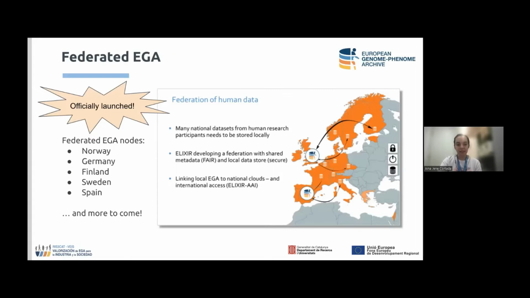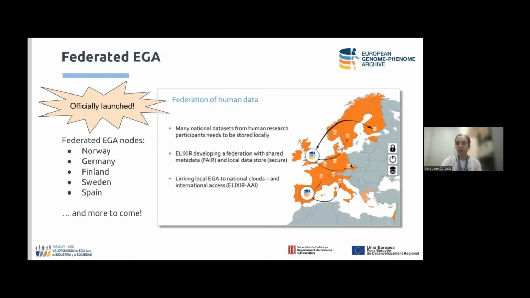And lastly, I would like to present you the Federated EGA. So in coordination with ELIXIR and the GA4GH, the EGA has established a federated and interoperable network of human data resources that enables data sharing in Europe, as we can see here.